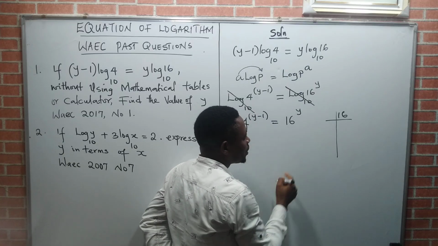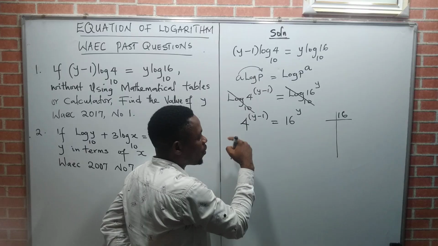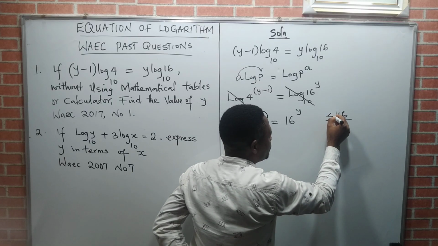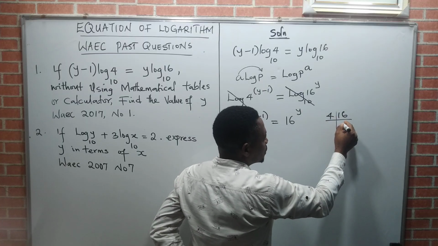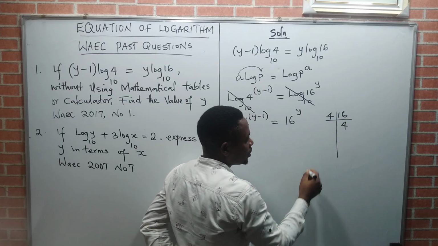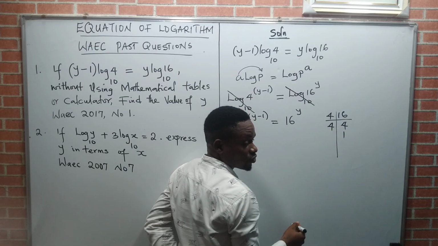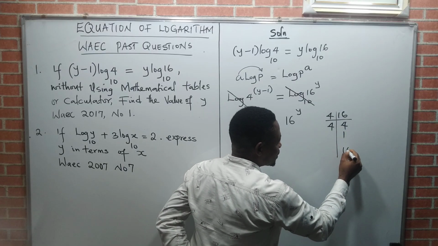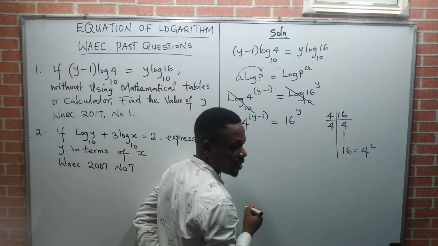Since the base on the left is 4, I don't need to struggle over it. I will consider 4 to be the divisor. Then 4 can go into 16 four times. I'll still go with 4. 4 can go into itself to give us 1. So the indices of 16 is 4 raised to power 2.